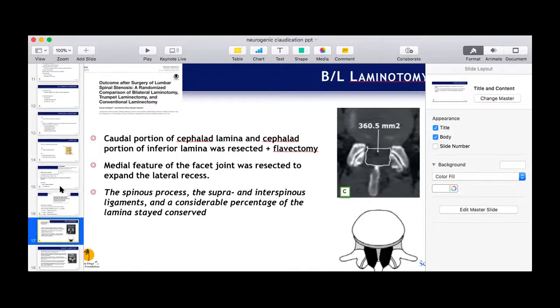The main thing I'm going to implement is the patient counseling part of it. I'd tell them that we don't do these surgeries for back pain. You may have some relief of the back pain, but it's not going to be 100%. What we're really treating is the leg pain or the radiculopathy or the neurogenic claudication symptoms that you're coming in with.